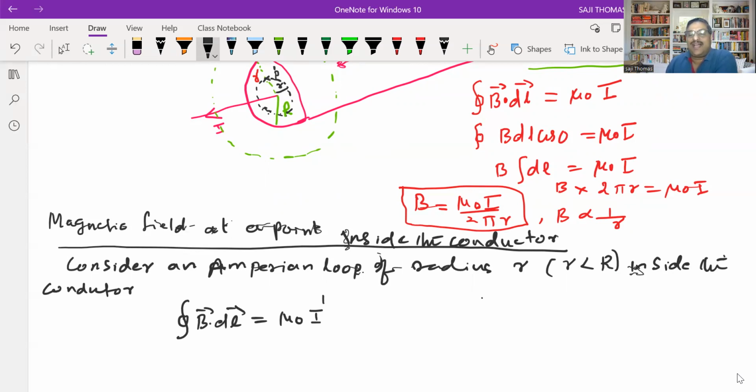That means the current through the complete cross section of the conductor, through the area pi capital R squared, is I. So this I is distributed through the complete circular area. So current through the area pi R squared is I. So what is the current through unit area?